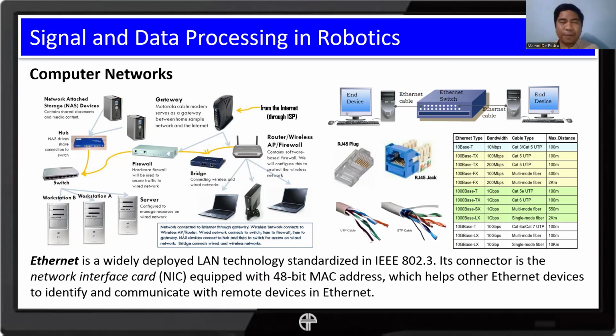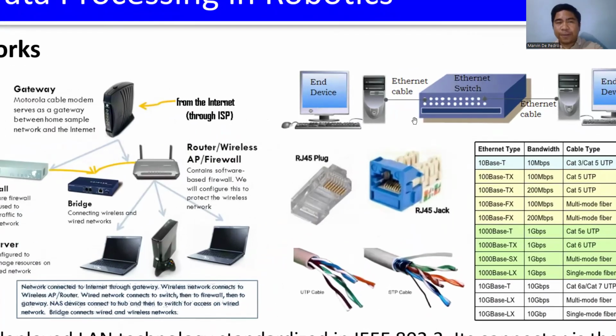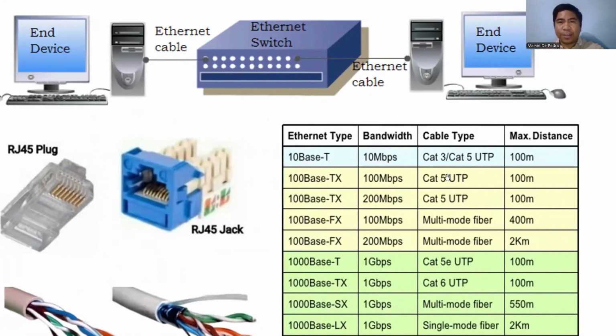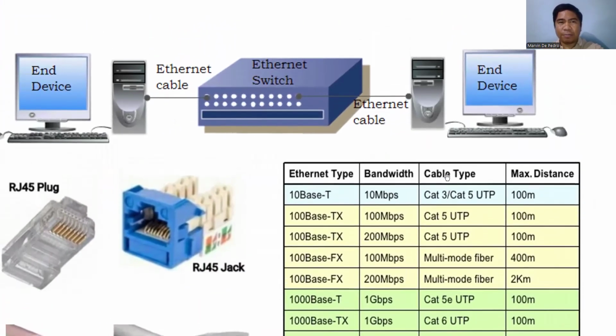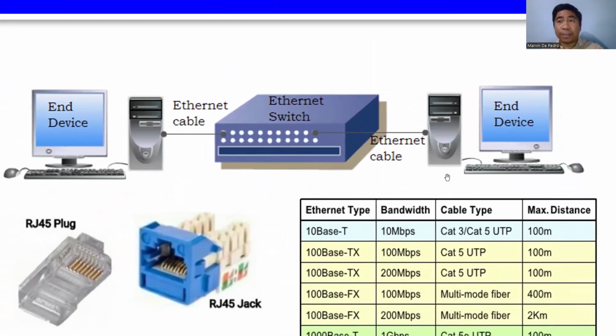So the Wi-Fi module and that Ethernet port share the same NIC, or maybe they have their respective NICs that are being used by the Raspberry Pi when communicating via the computer network.